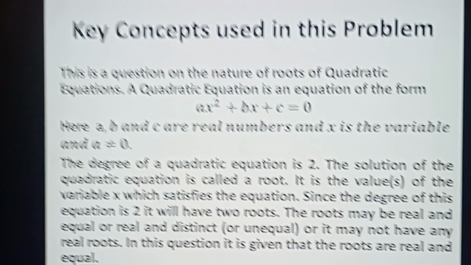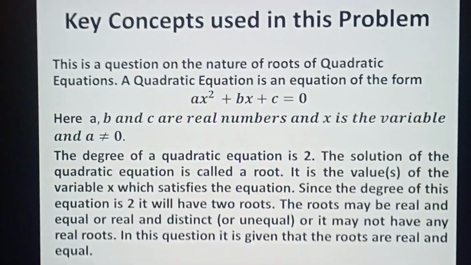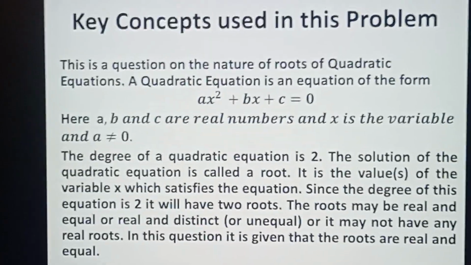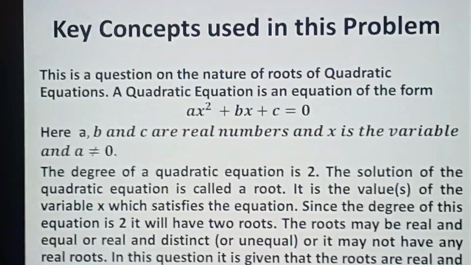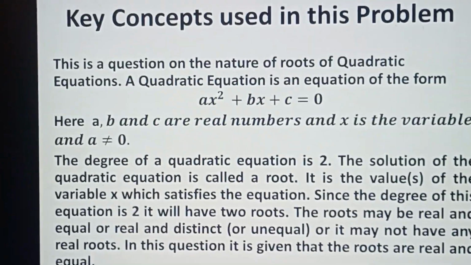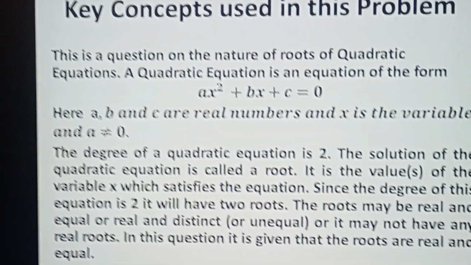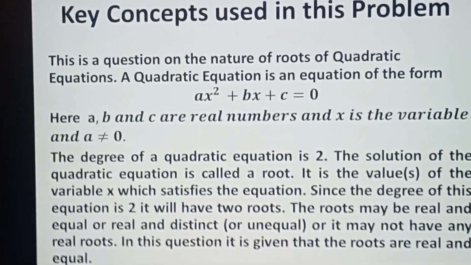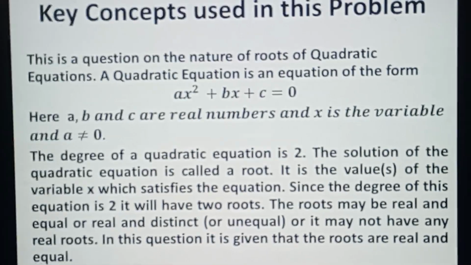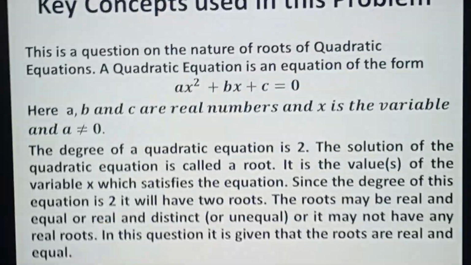First, let us go through some of the key concepts of this problem. This is a question on the nature of roots of quadratic equations. A quadratic equation is an equation of the form ax² + bx + c = 0.